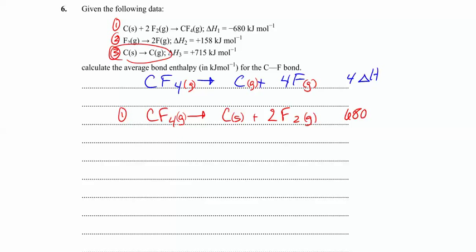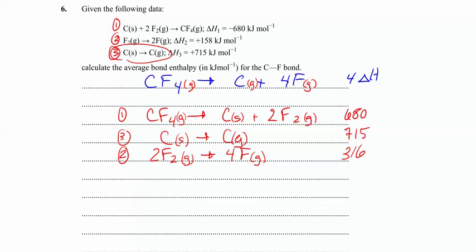And then all I need to do is break apart those 2 F2 molecules using equation 2. And that's going to be 316 because I'm doubling this whole reaction here.